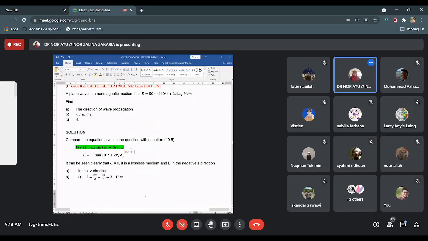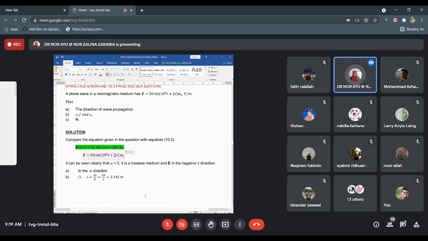Okay. So if we compare the equation between the general one with the one yang dia dah bagi, you can see that if the general one is minus beta z and the E given to you is plus 2z, so it's meaning that the directions of your wave will be negative z, sebab kat sini jadi positif, plus kat sini sebab dia punya equation yang asal is negative beta z.